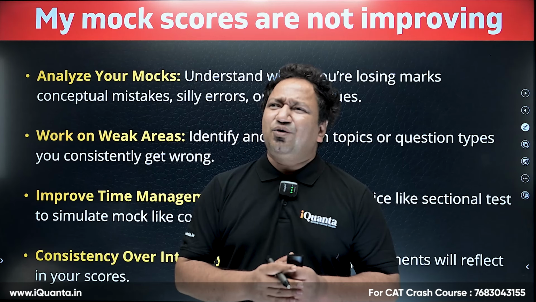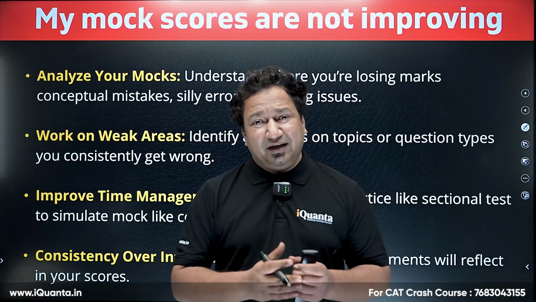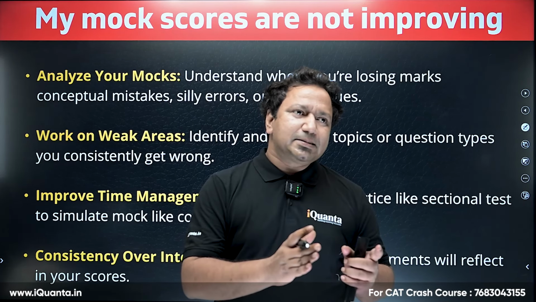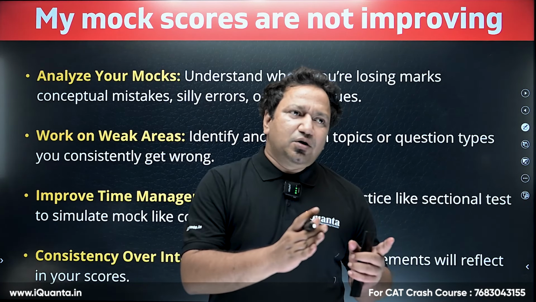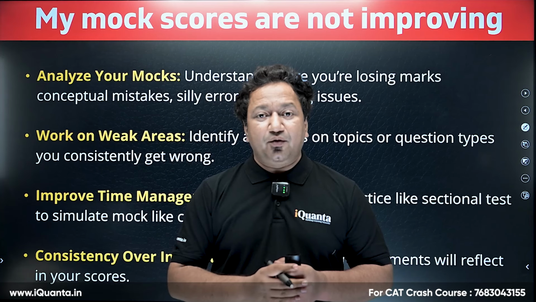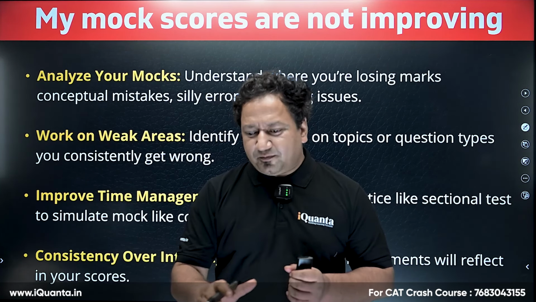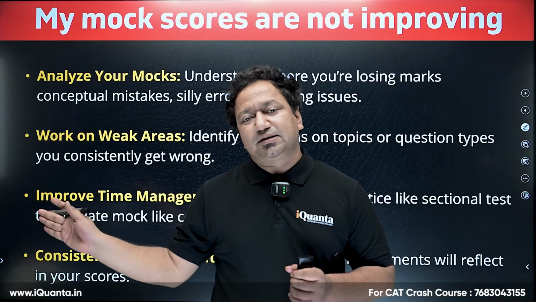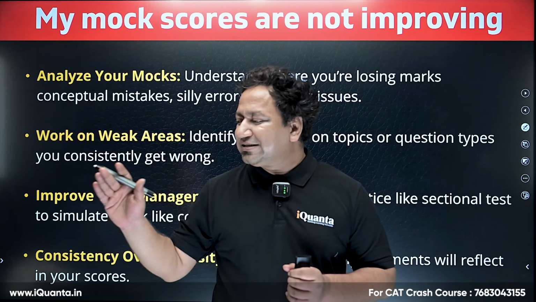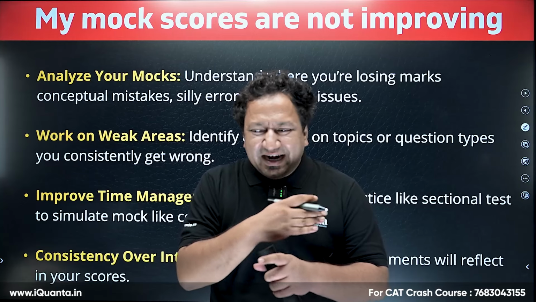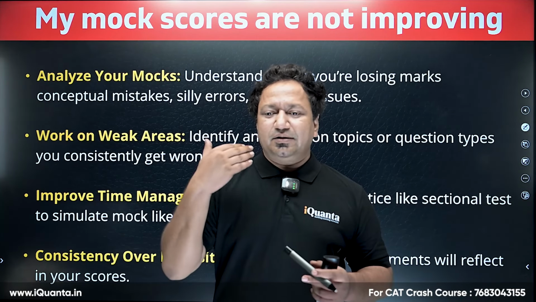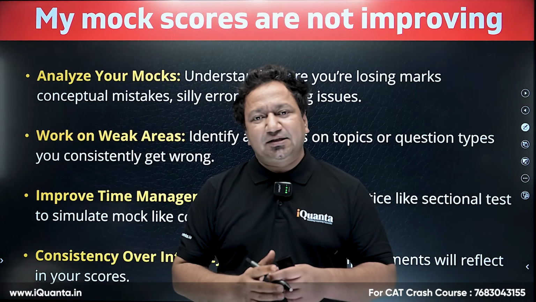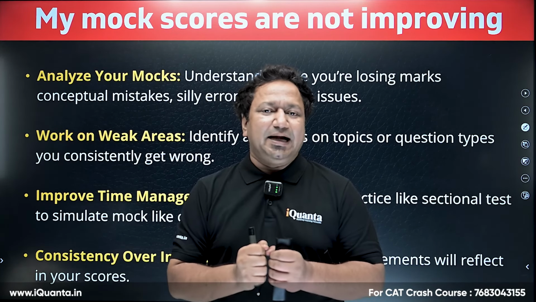And having said that, it's easier said than done, okay? You might be thinking, what is he saying? How the heck is this possible? See, the thing is, once you realize that now you are at the worst phase of your preparation, which happens after 5 to 7 to 8 mocks, your scores are hit by a lot of other things. As we come near to our destination, that is CAT in this case, we have more anxiety.